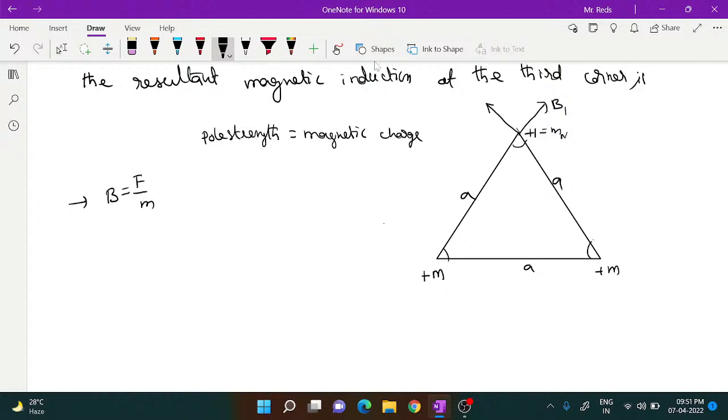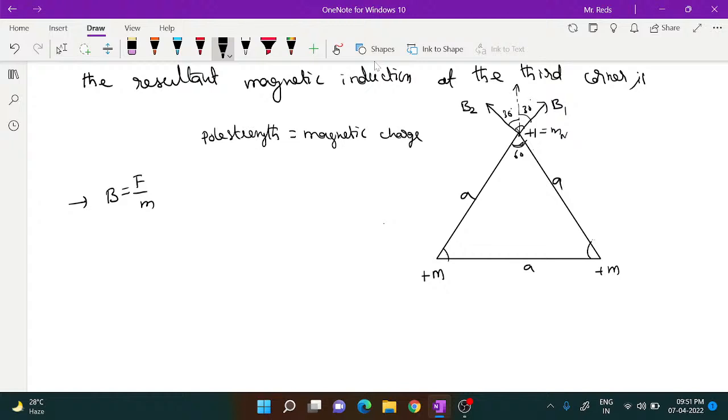Okay, so you can say this is B2. By symmetry, this angle also will be the same. For an equilateral triangle this is 60, this is also 60. To find the resultant field of these two, you draw a vertical line. This is making a half angle with the vertical, so this is 30, and this also will be 30.